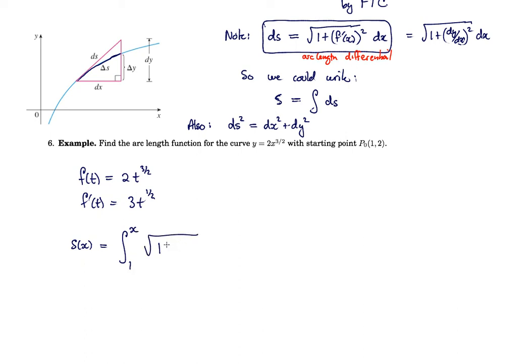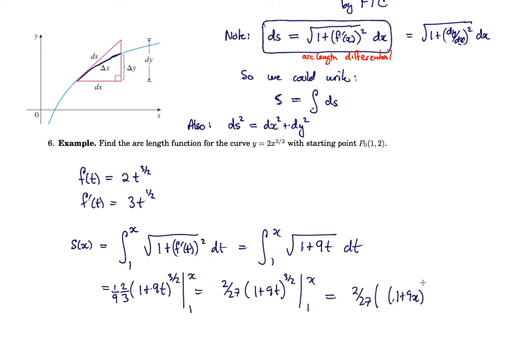And this becomes the integral of the square root of 1 plus f prime of t squared dt, which is the integral from 1 to x of the square root of 1 plus 9t, dt. And now we can anti-differentiate, and so there's our arc length function.